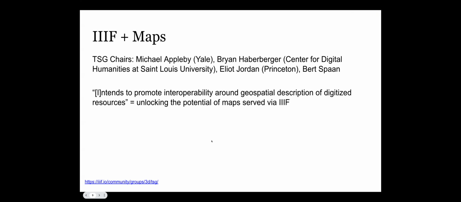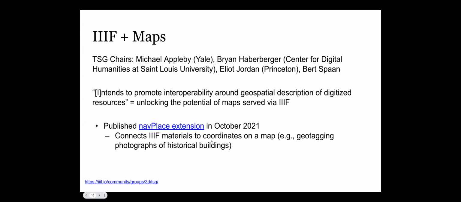So the other piece I want to talk about in terms of technical work is the work that the MAPS group is doing. So there's a MAPS group, just like the 3D group, that their goal is really about unlocking the potential that is available in digitized maps. And one of the first things they did is they published what's called the NavPlace extension in October of 2021.